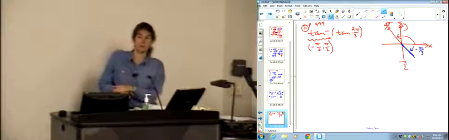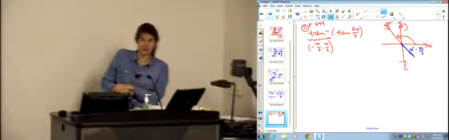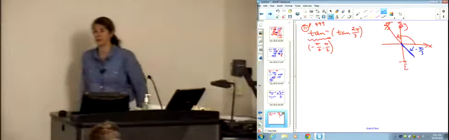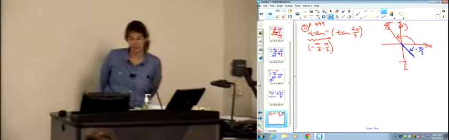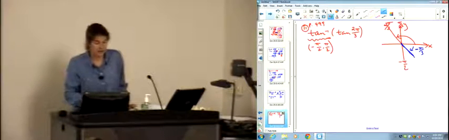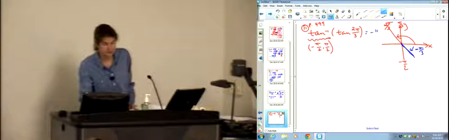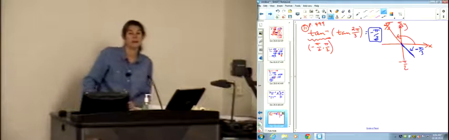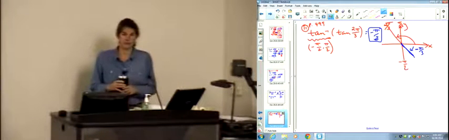The tangent of 2 pi thirds is negative because we're up in the second quadrant. We need a corresponding value where the tangent is also negative, down in the fourth quadrant. This one we would call negative pi thirds. Any questions there? I'll give you a minute here.